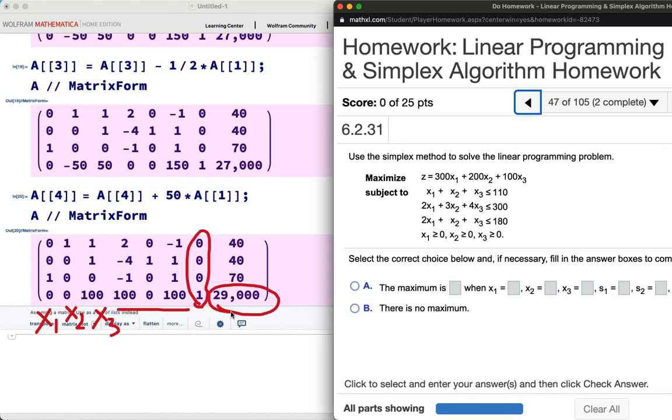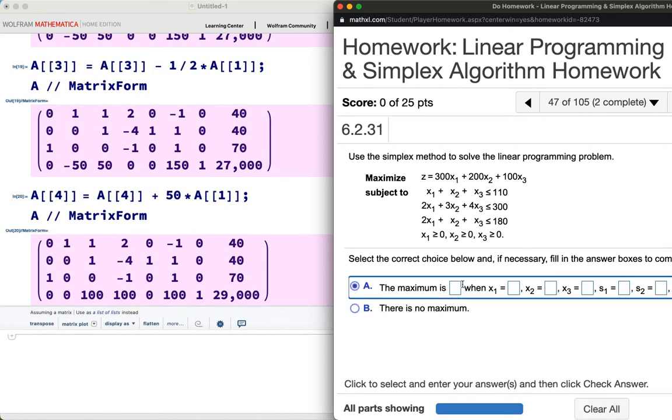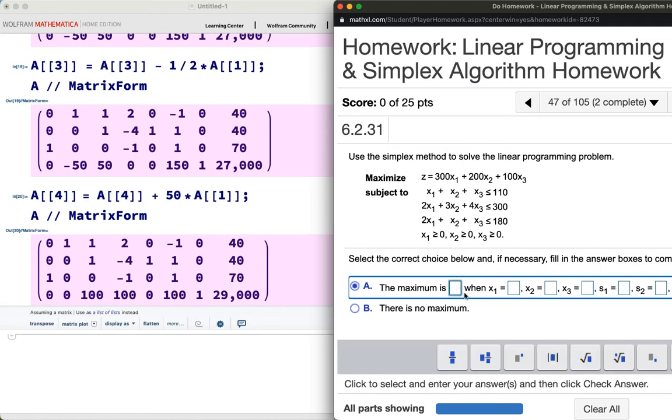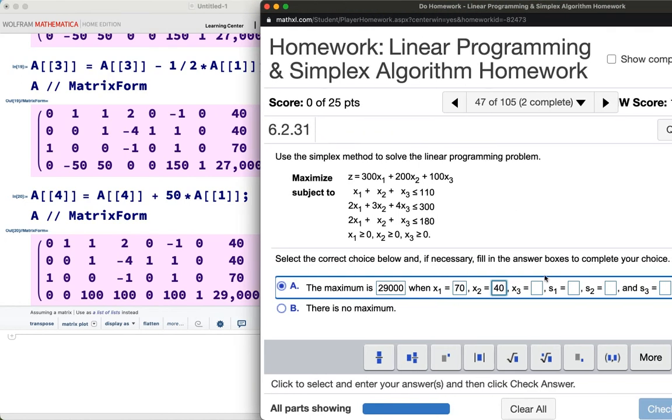Okay, so we can see that the maximum is 29,000 when x1 is equal to 70. x2 is equal to 40. x3 is, well, this is a non-basic column, so x3 by default has to be 0.